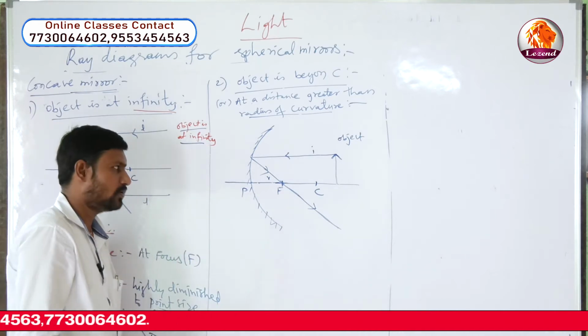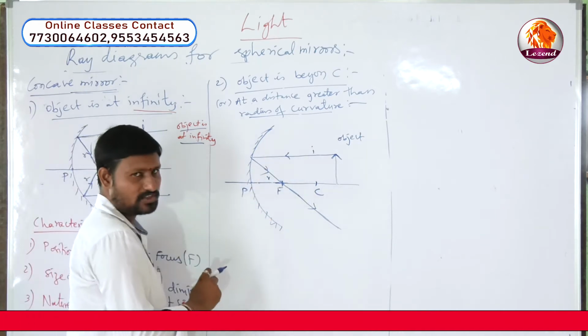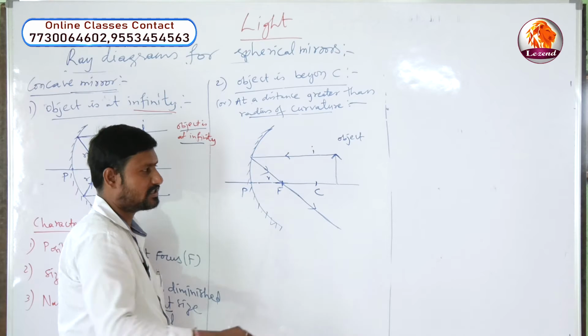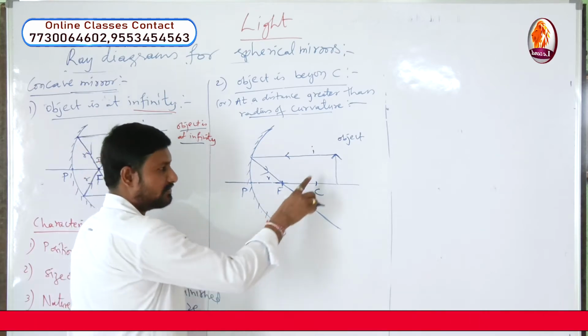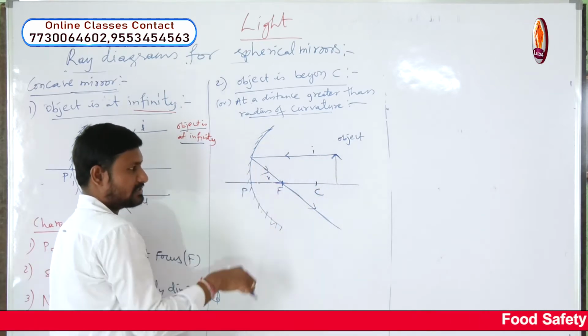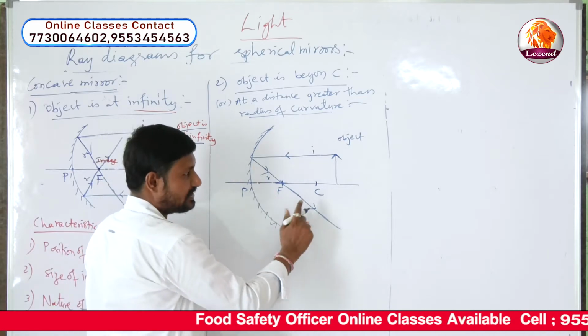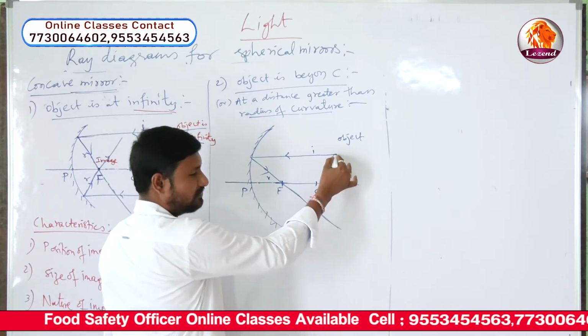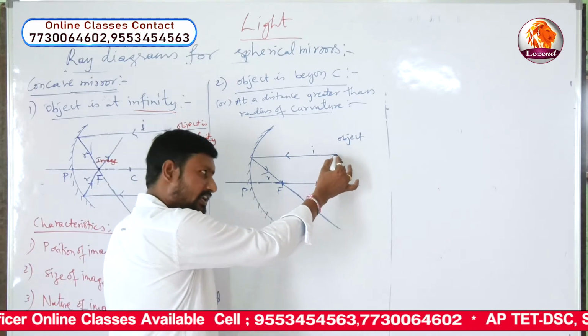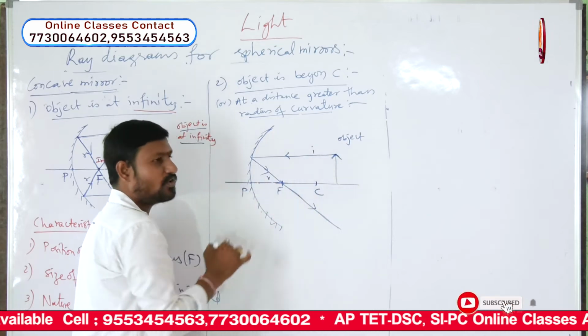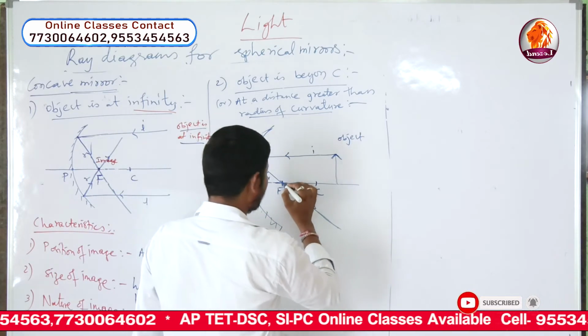To draw the image we need to take a minimum of 2 light rays from the object. One light ray I am taking parallel to the principal axis; this is the first rule. And for the second, I would like to take the second rule: from the same top of the object, another light ray which passes through its focus. So let us draw that now.